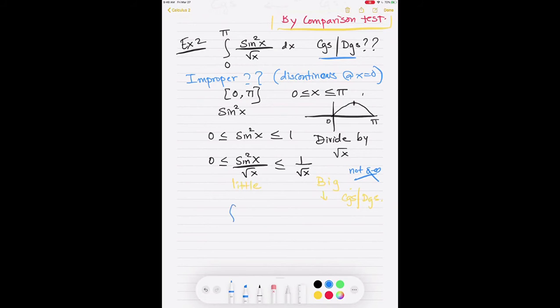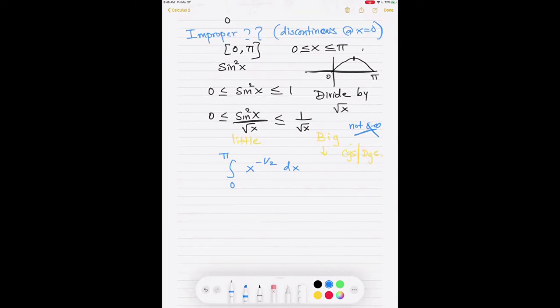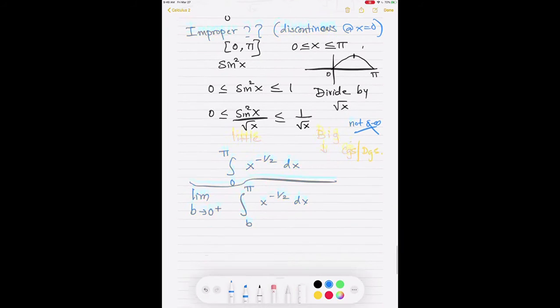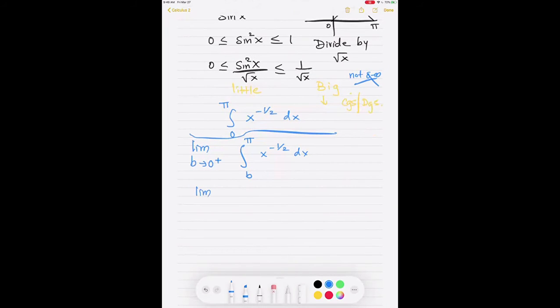Now I want to know the integral from 0 to pi of x to the negative half dx. That means this is the limit as b approaches 0 from the right of the integral from b to pi of x to the negative half dx. So x to the negative half is going to be 2 square root of x from b to pi, which is 2 square root of pi minus 2 square root of b.